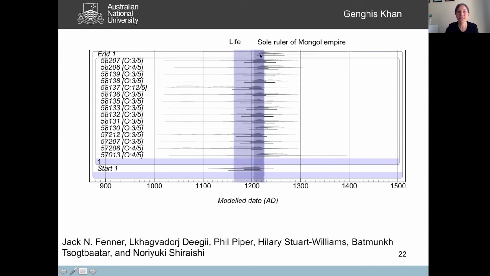And you can see that they all line up very, very closely, and they line up basically entirely within the lifespan of Genghis Khan. So this is this paler distribution from here to here, so 1162 to 1227 here.